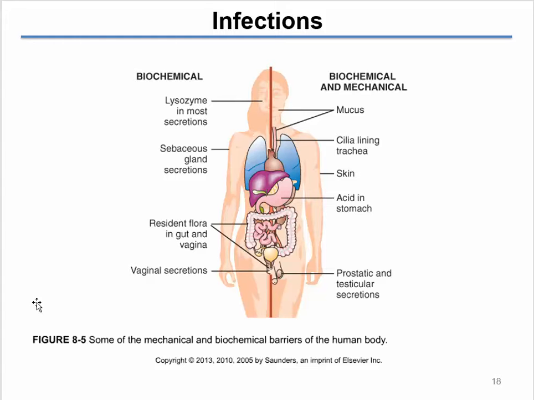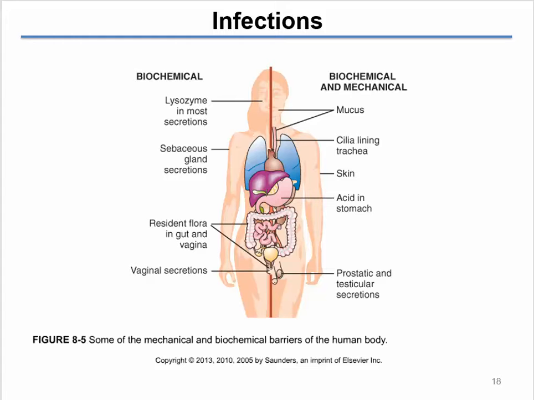Oftentimes people are susceptible to infection when those resident flora are removed. There's a good school of thought that says that vaginal yeast infections have to do with decreased vaginal secretions or excessive cleanliness or removal of flora, sometimes too much antibiotic use, those sorts of things.